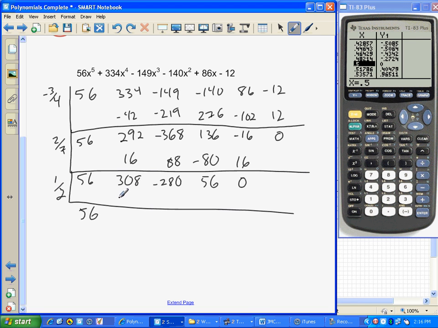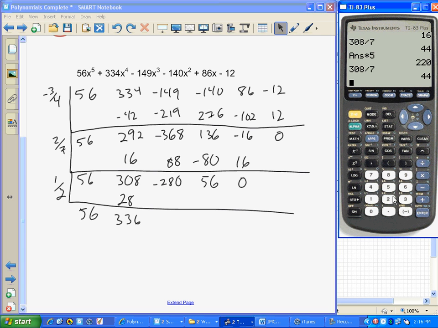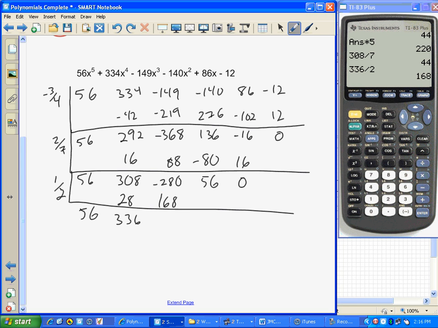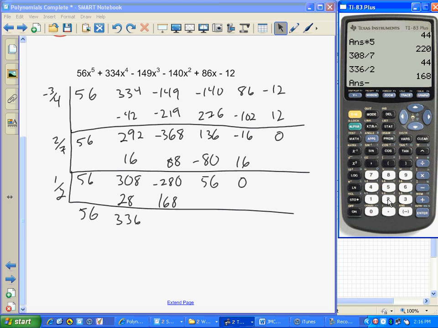Drop that down. Half of 56 is 28. Add these, I get 336. Half of that is 168. Take away 280.